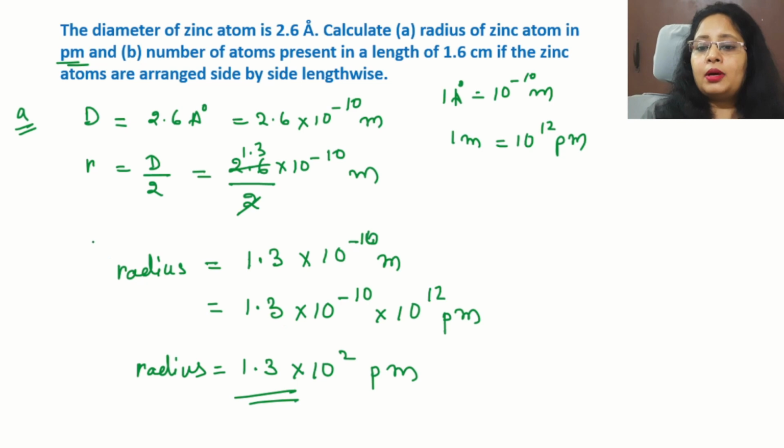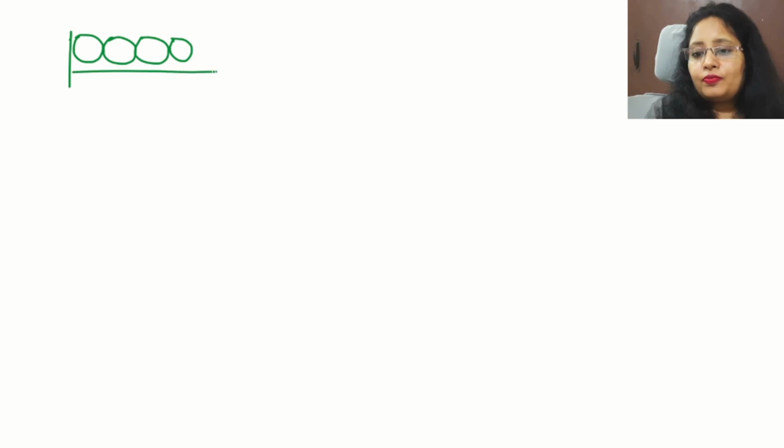Now come up to the part B where they are asking for the number of atoms. So think like that, if atoms are arranged side by side like this, up to the distance of the arrangement is of 1.6 centimeter. The distance is like this.